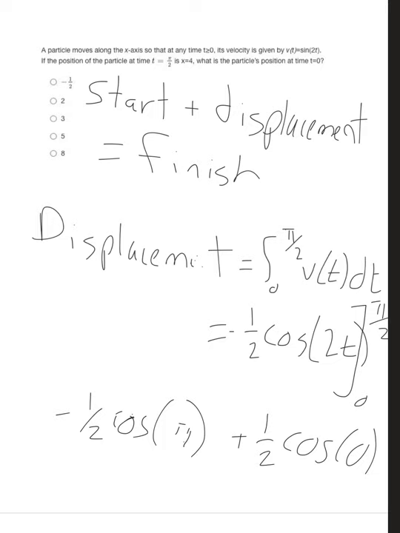Cosine of pi is -1, so this is going to be then a positive 1/2. Cosine of 0 is 1, so that's again a positive 1/2. So this is 1. My displacement is 1.